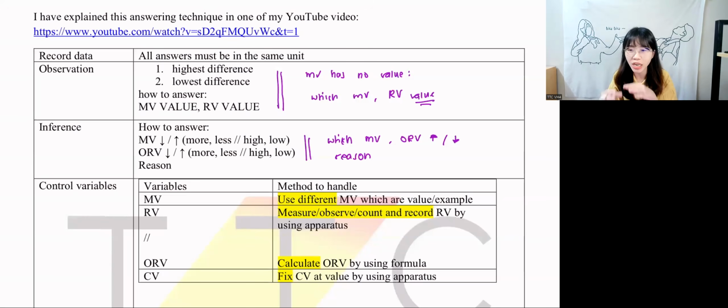So operational responding variable is what we learn in the textbook: the formula, energy value, vitamin C concentration, vitamin C percentage. Responding variable is what we do in the experiment.